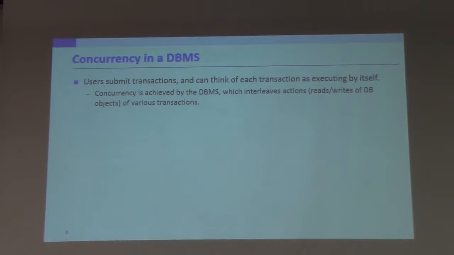So the technical workflow is that users submit transactions, and because of the isolation requirement, a particular user can think of each transaction as executing by itself, without worrying about the fact that many other users may be accessing my database at the same time. This isolation level concept is really useful for users to reason about his or her transaction without worrying about actions by other users, right?